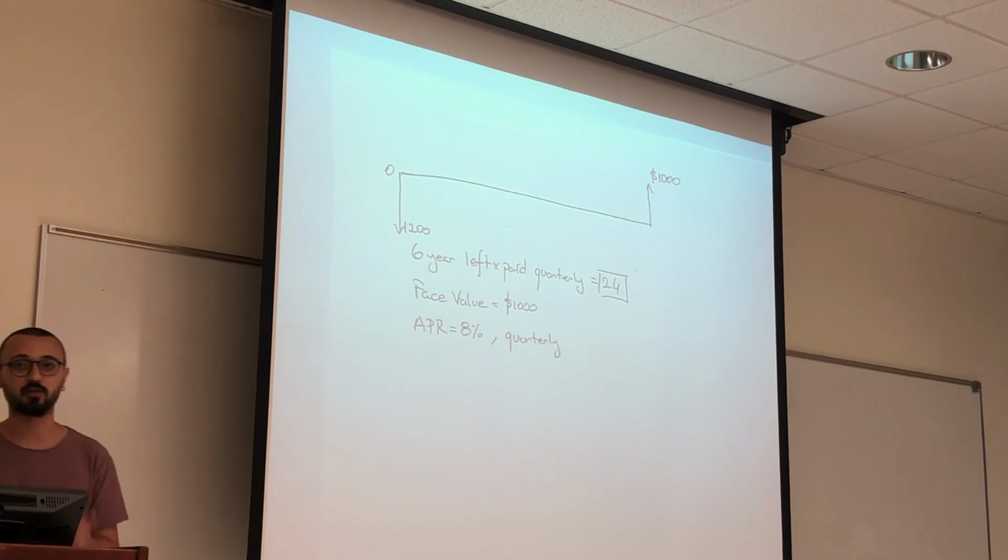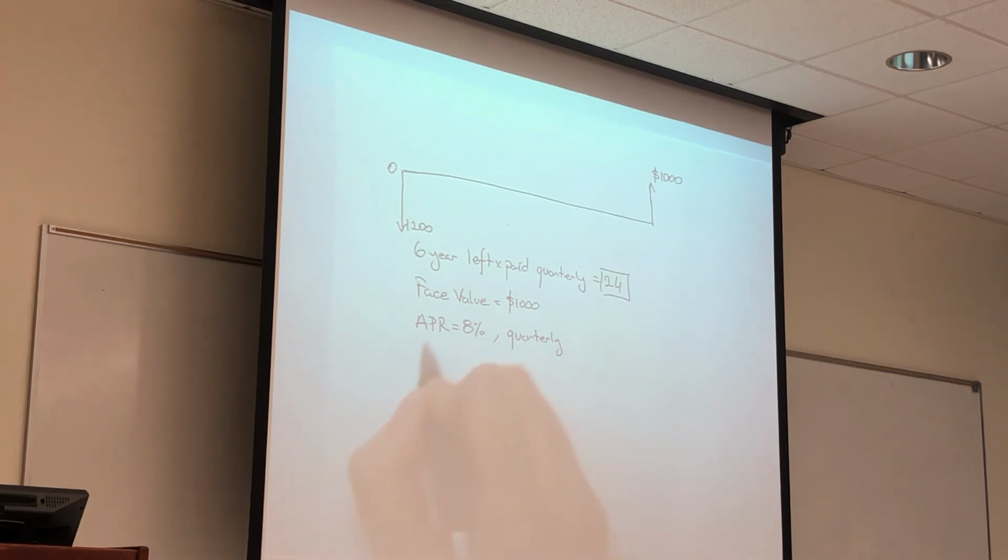But because this is not compounding in a different time, we're gonna go with the easy way and say 0.08 divided by 4, which is pretty legit. If you do that formula, it's going to give you 0.02. So this is our coupon rate. We just found our coupon rate.